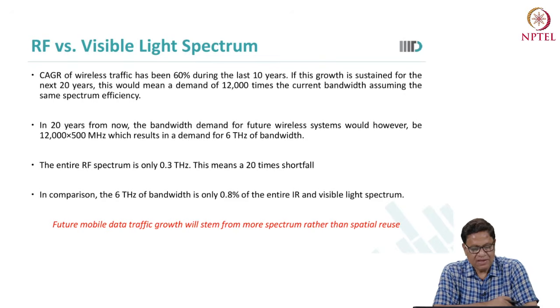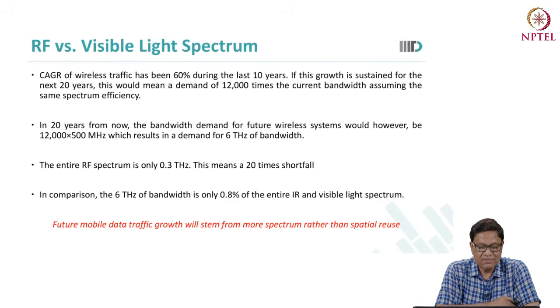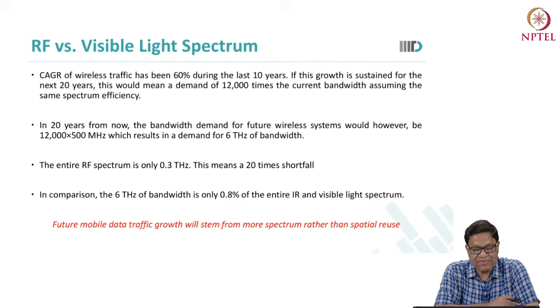Now let us see why we need optical wireless, or why we need to go to a different spectrum. This slide gives you the difference between RF spectrum and visible light spectrum. The CAGR, that is the growth of wireless traffic, has been 60% during the last 10 years. If this growth continues, you would need 12,000 times the current bandwidth, assuming there is no significant growth in spectrum efficiency.